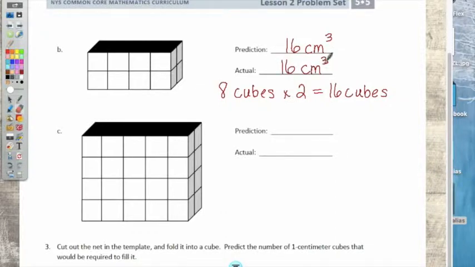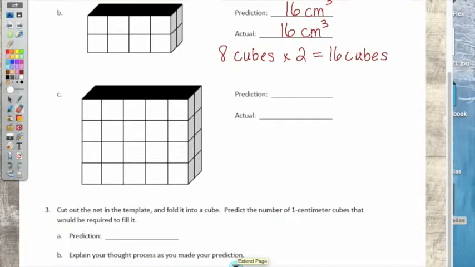The next one, I'm going to pull a stick. Autrey, what do you think it is? 40. You think it's 40. How'd you come up with 40? Because the first one has 20. Okay, what do you mean by the first one? The front. The front of it has 20 cubes. Okay, are you writing this, boys and girls? Yeah. And then how far back does it go, Autrey? 2.